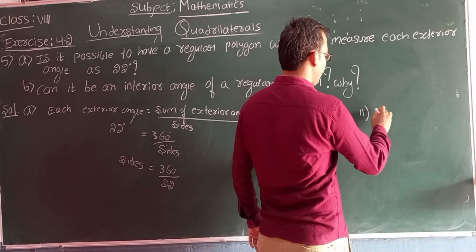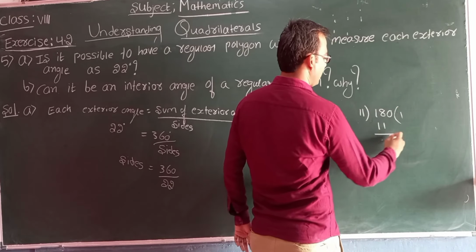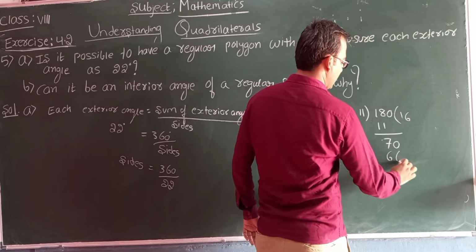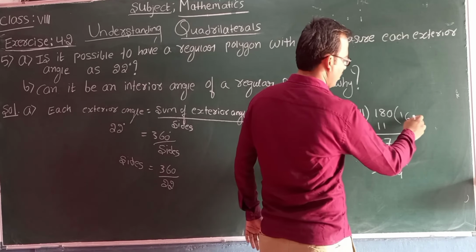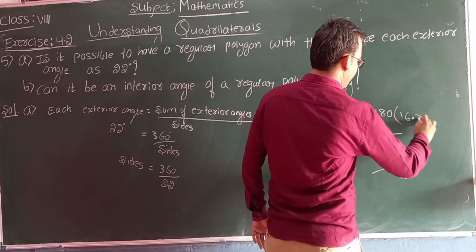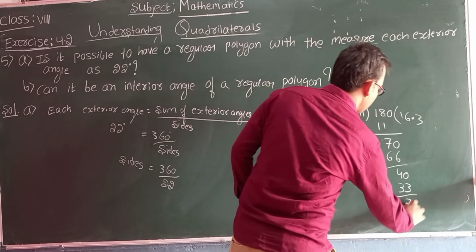Now look here, 11 ones are 11, 7 remains, it becomes 70, 11 sixes are 66, so 4 remains, so 4 cannot go in 11 now, so 0. Okay, so 11 threes are 33 and here 7.